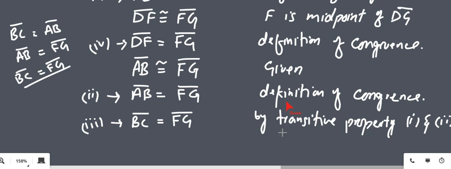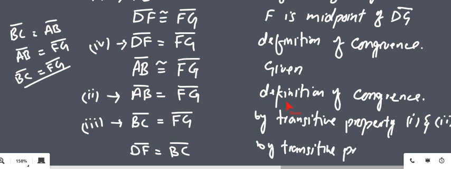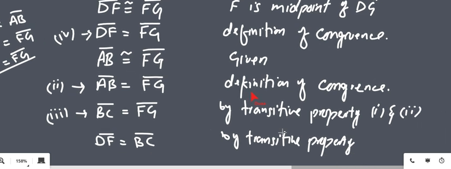So again, by transitive property of equality for equations number 4 and 3, I can write DF equals BC. So finally I got that DF equals BC.